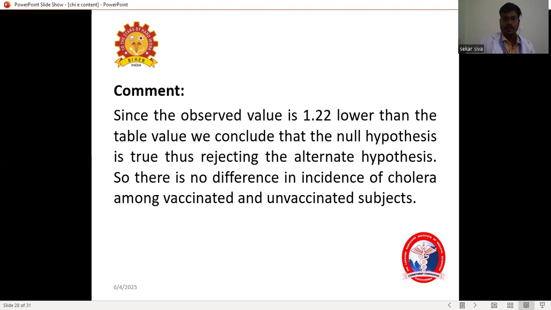So based on the comment, the observed value is 1.22. The calculated chi-square value is 1.22, lower than the table value.